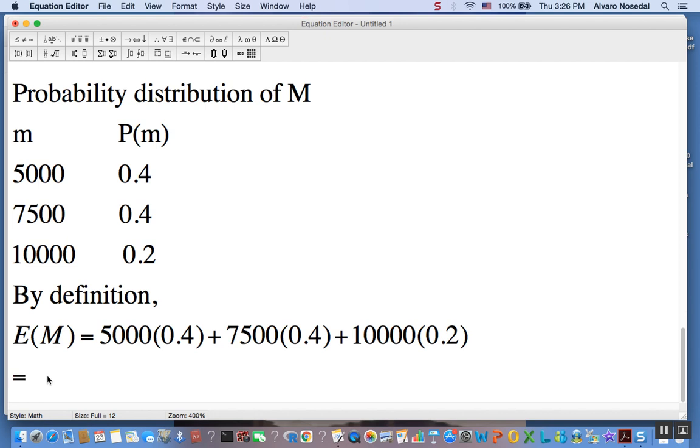Note that that 5,000 is the same as 25 times 200 times 0.4. Plus, this 7,500 is the same as 25 times 300. Okay?